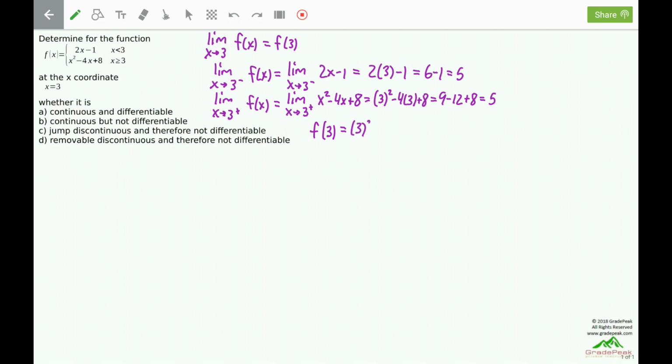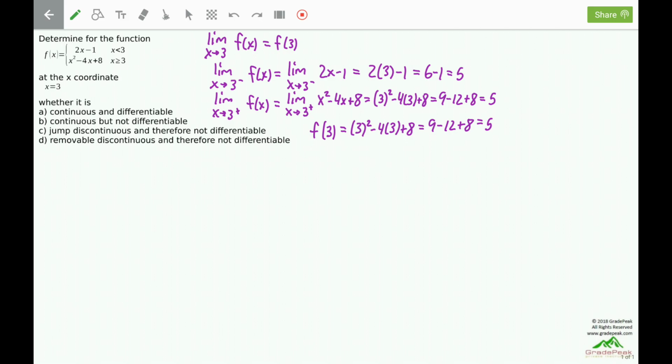That will give us a 3 squared minus 4 times 3 plus 8. 3 squared is 9, minus 4 times 3 is minus 12 plus 8, and that also comes out to a 5. So we have the two one-sided limits match each other, so the two-sided limit will also be a 5, and f of 3 is a 5, and therefore this is continuous.